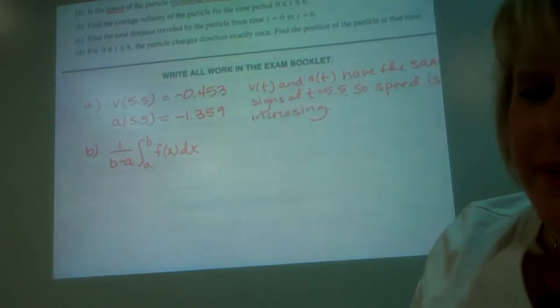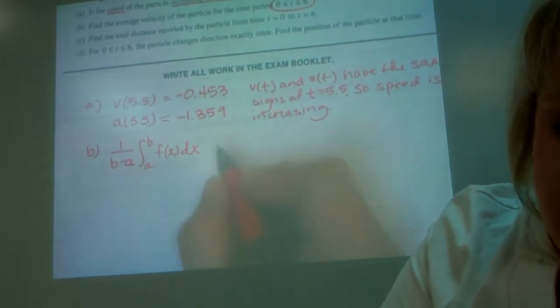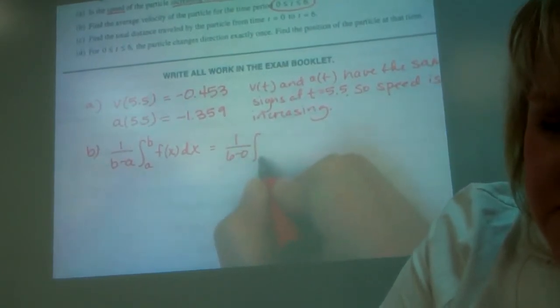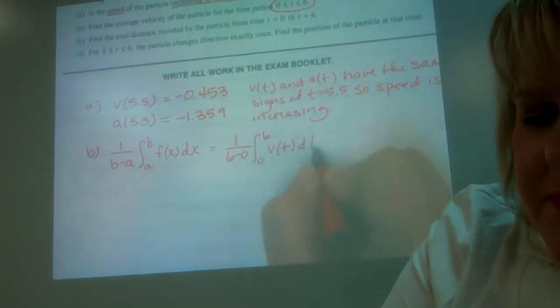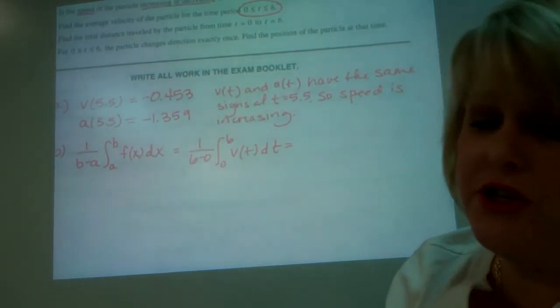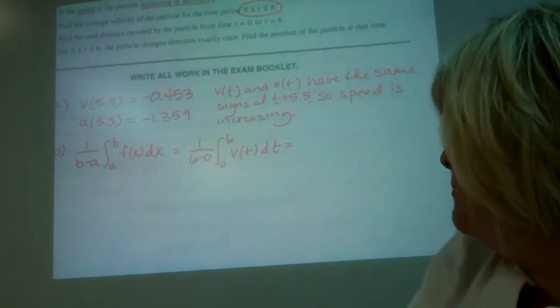So for us, a and b are 0 and 6 because those are the endpoints of our interval. So we're going to do 1 over 6 minus 0 times the integral from 0 to 6 of our velocity equation. Even if you're going to type something in the calculator, you still have to show your setup. You still have to show what you're going to type in.